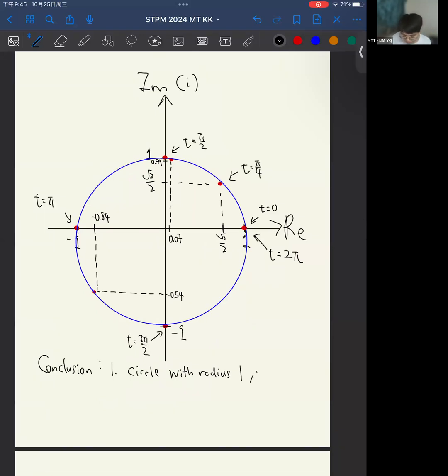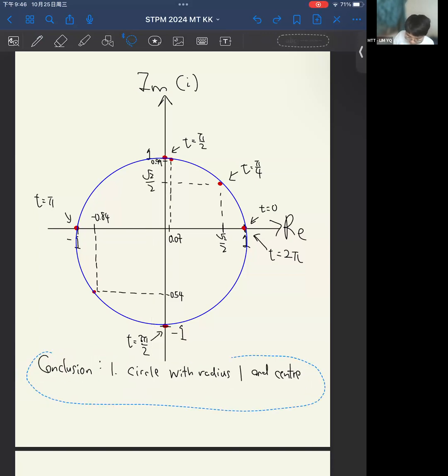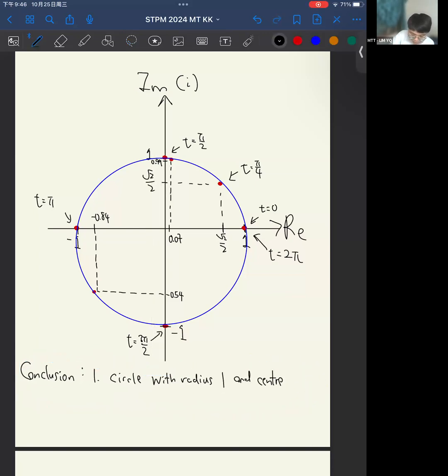Center, where? The center is at the origin, 0, 0. This is conclusion 1.